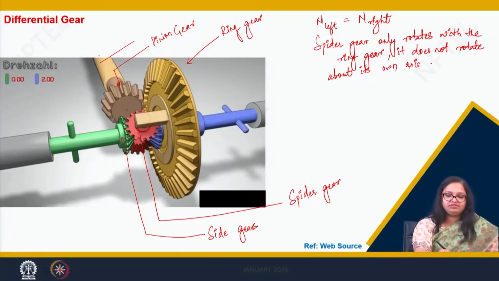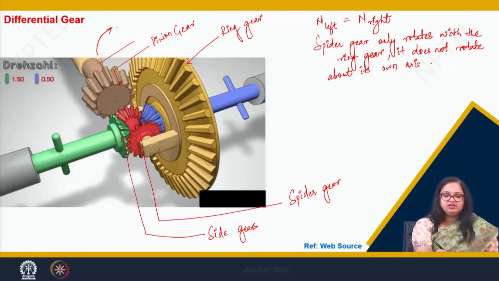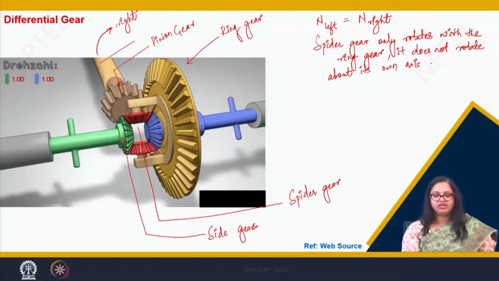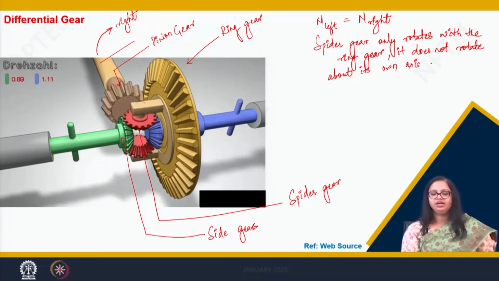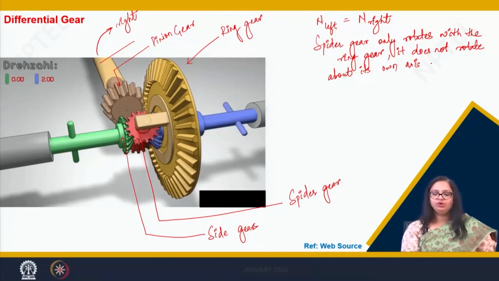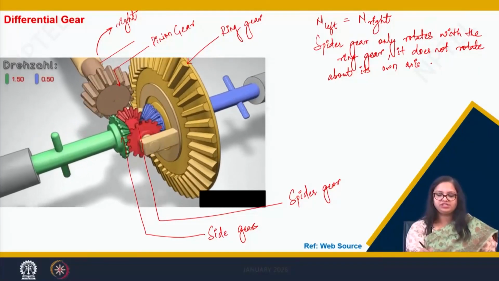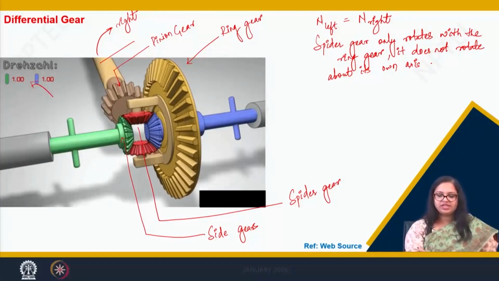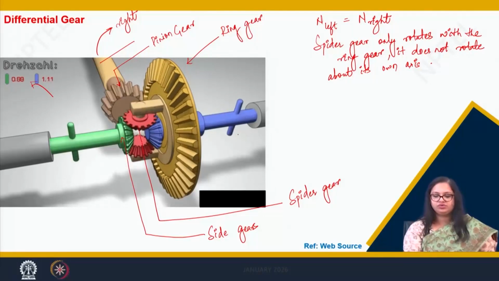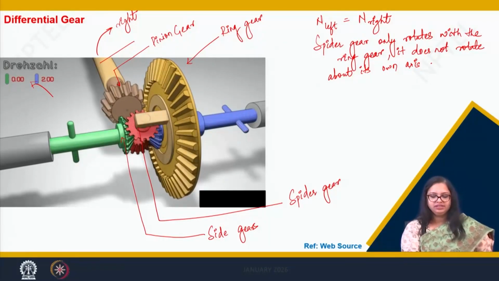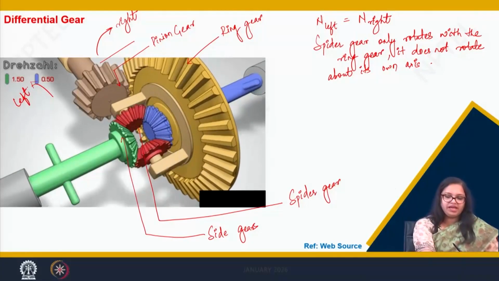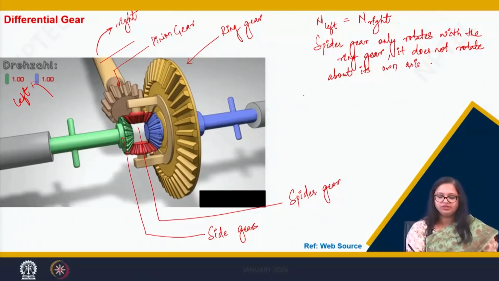Let us say the vehicle has to take a right turn. In this case the green one has to rotate at a higher speed than the blue one. Here in this picture the vehicle is taking a left turn, so the blue one is rotating at a higher speed than the green one. So, let us comply with what is in this picture.